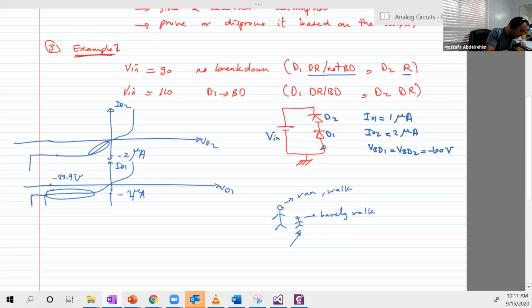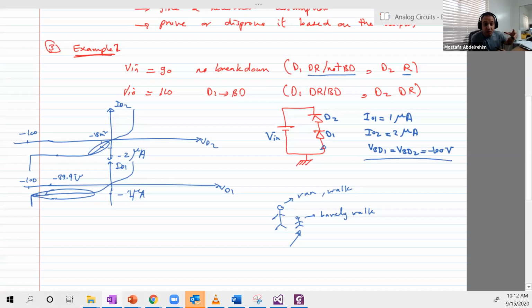Okay, and we found that the voltage of VD2 was very small, minus 18 millivolts. Then we increase V input by 20 volts. And actually, the breakdown here happens at the same voltage for both, minus 100.